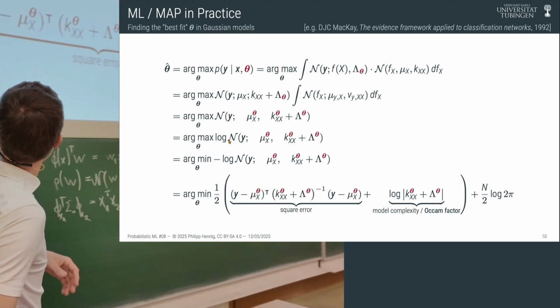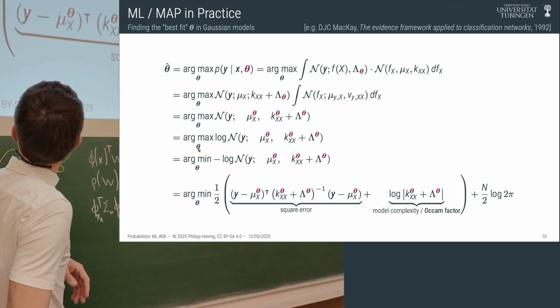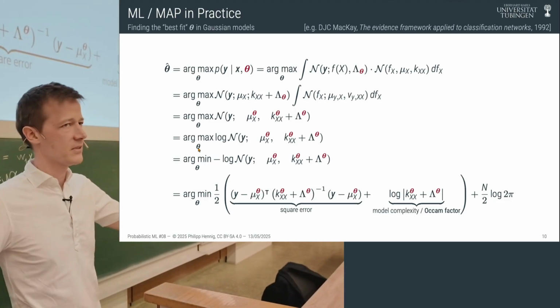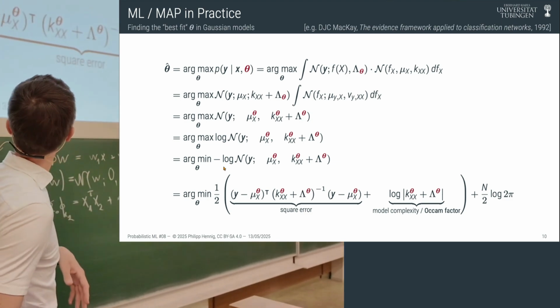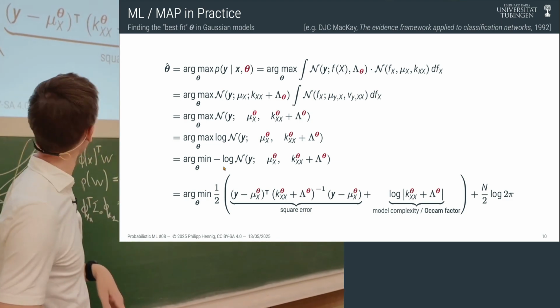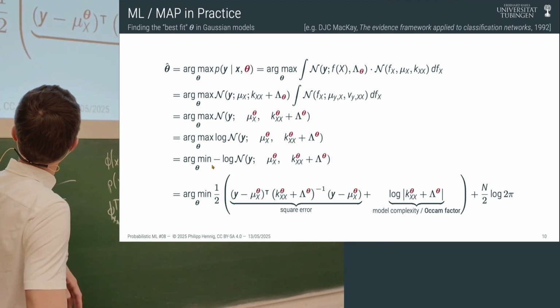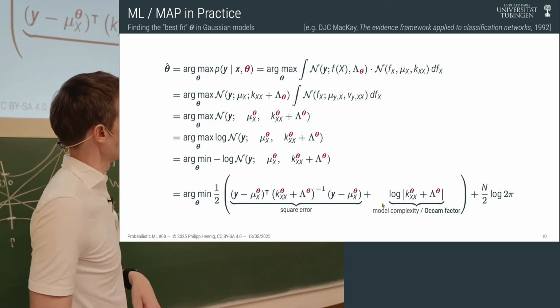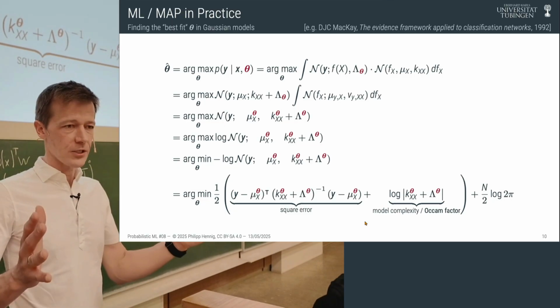So we'll take the logarithm of this, and typically optimizers are designed to find minima, not maxima of some function. So we'll just put a minus in front to make it a minimization problem. And then we can read off what the negative logarithm of a Gaussian is. It's this expression.